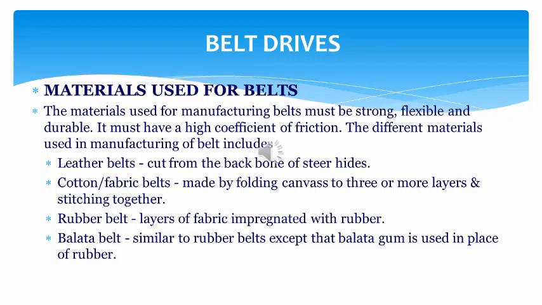There are cotton or fabric belts made by folding canvas into three or more layers and stitching together. Rubber belts are layers of fabric impregnated with rubber. Then the balata belt is similar to a rubber belt except that balata gum is used in place of rubber. So these are the various materials used in belt drives.